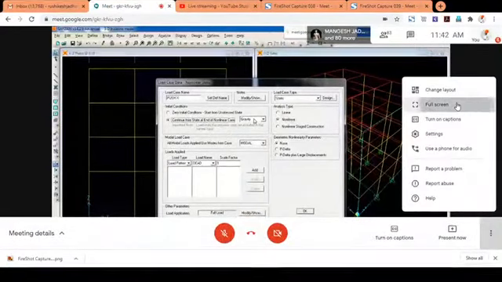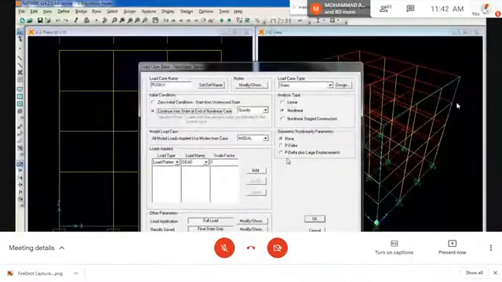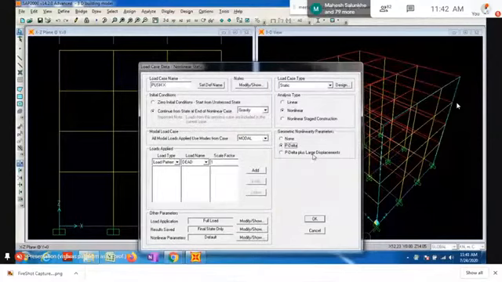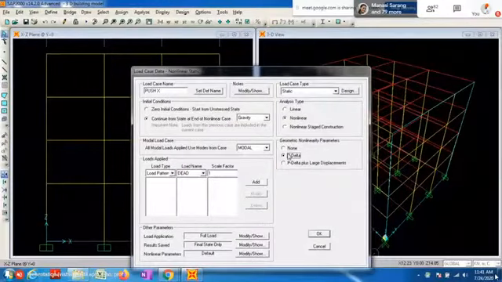Then here, P delta effect. Whether you want to perform P delta; if you don't want to, choose none. If regular P delta, click here, and the software automatically accounts for the P delta effect. Or P delta plus large displacements. Whenever large deformations are there in the structure, these are the two options to solve the equilibrium equations.